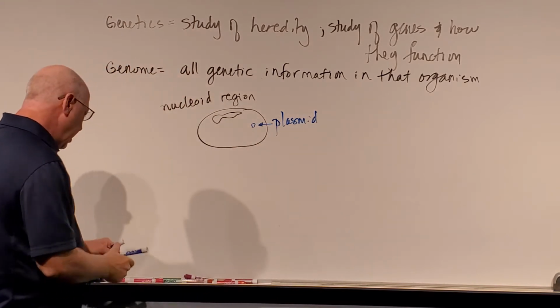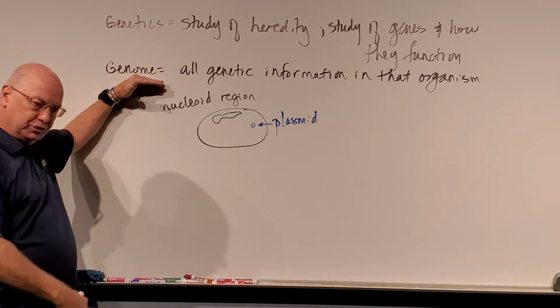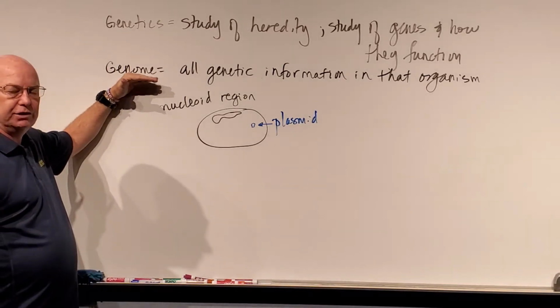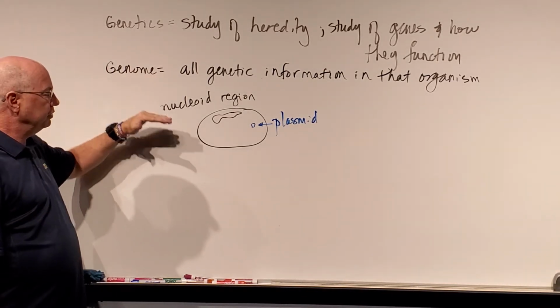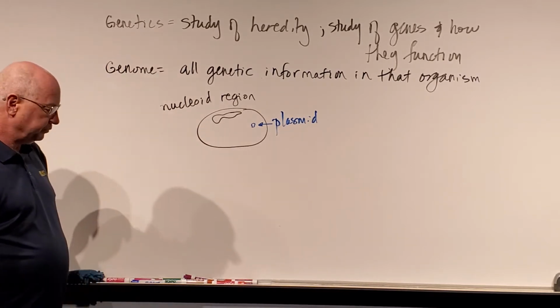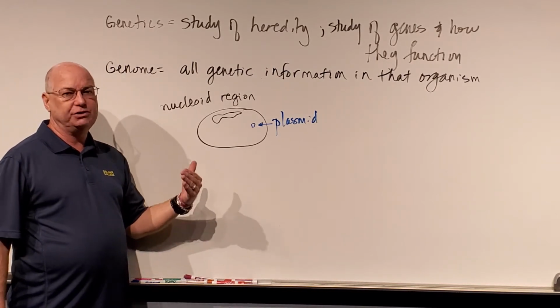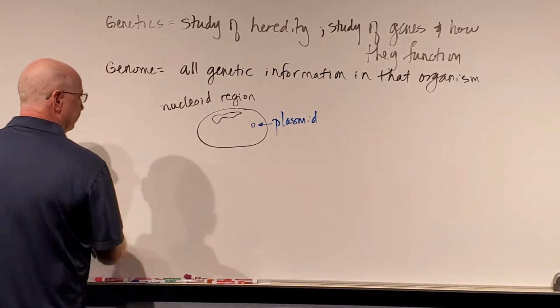So when we're talking about the genome, we're talking about all the chromosomes, all the genes in a particular cell or organism. And in some organisms, it includes the chromosomal DNA and the extrachromosomal DNA. And if we're talking about viruses, sometimes the genome of a virus is made up of RNA, and we'll talk about that in a little bit.